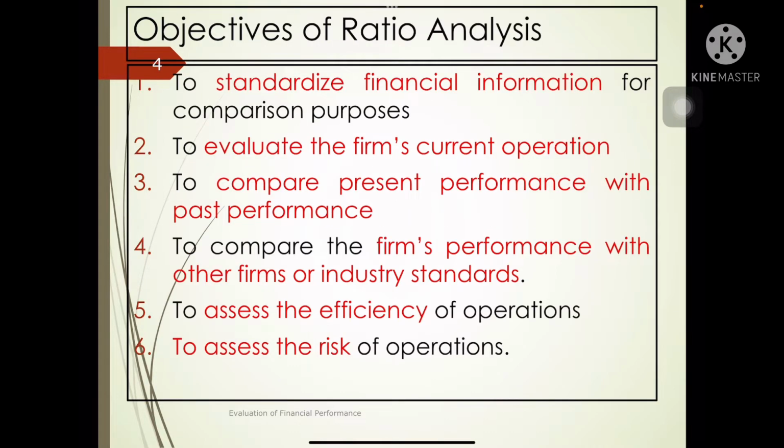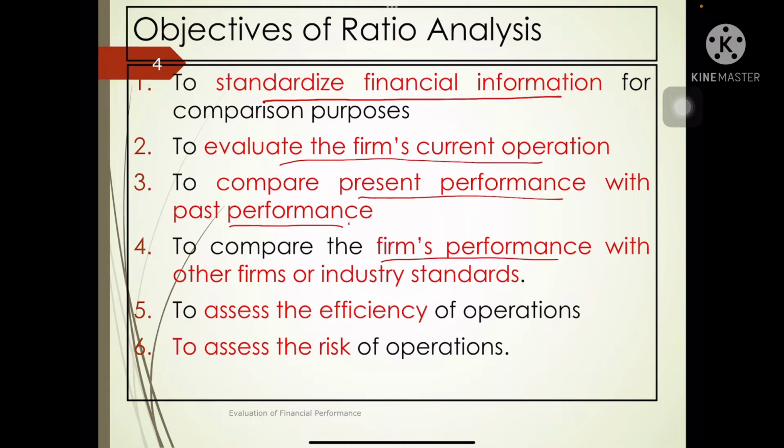All right, the objectives of ratio analysis. Number 1 is standardized financial information for comparison. Number 2, we would like to evaluate the firm's current operation, how it works, and the performance of the company. Then we would like to compare the present performance with the past performance, which is the current year compared with the previous year. We can also compare the performance of the firm with other firms or industries.